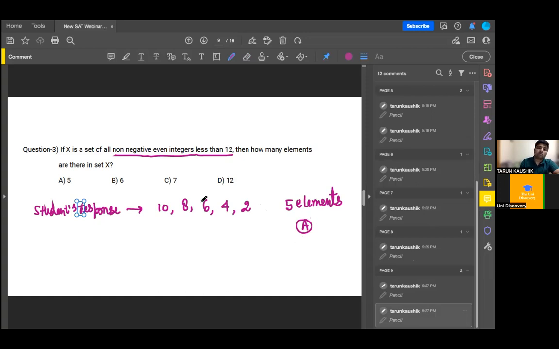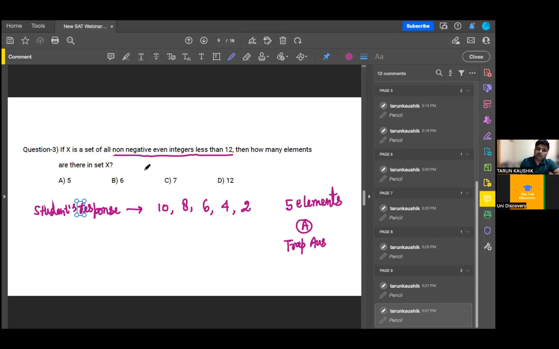But as I told you, we tried to do this question within 10 or 20 seconds. And as we discussed, anything marked in less than 30 seconds has a higher probability of being a trap answer. So A is a trap answer, which means A is not correct.